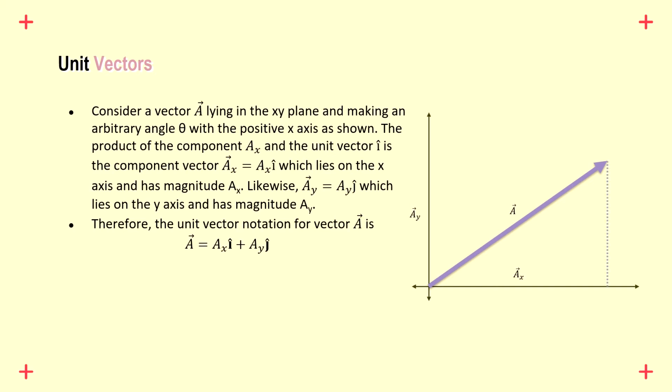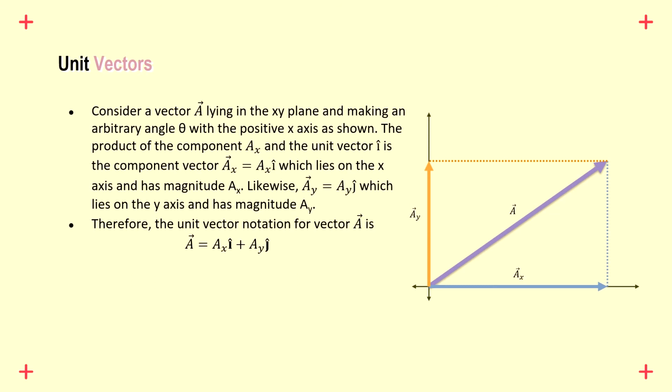This is the component vector ax, which is equal to ax i hat, which lies on the x-axis and has a magnitude ax. Likewise, the vector ay is equal to ay j hat, which lies on the y-axis and has a magnitude ay. Therefore, the unit vector notation for vector A is A equals ax i plus ay j.